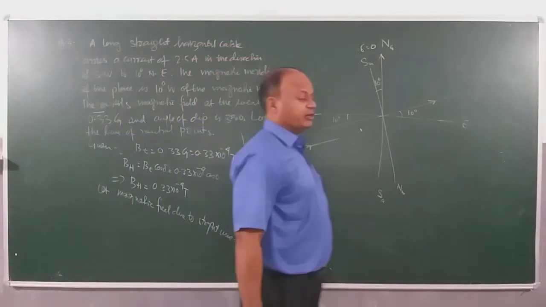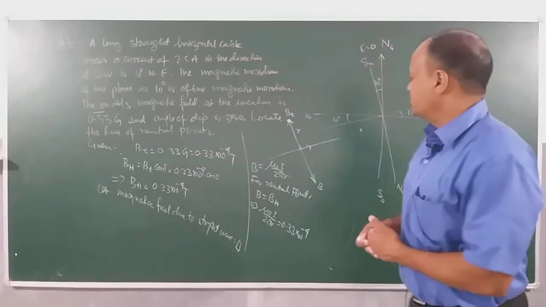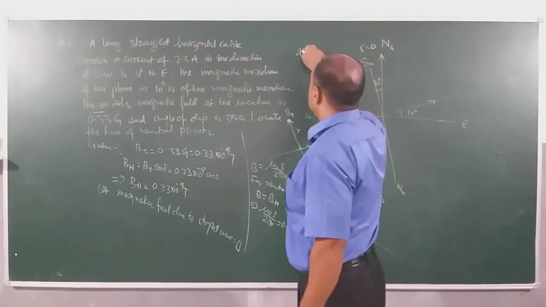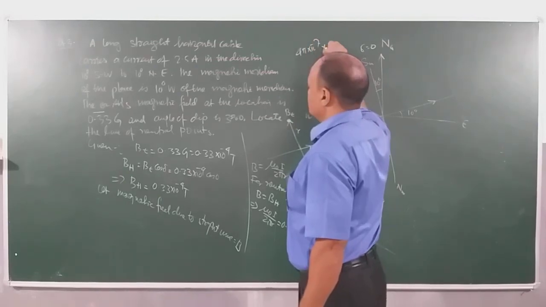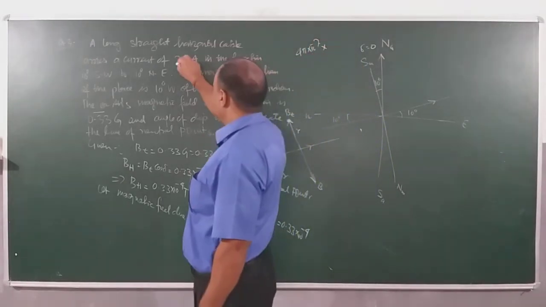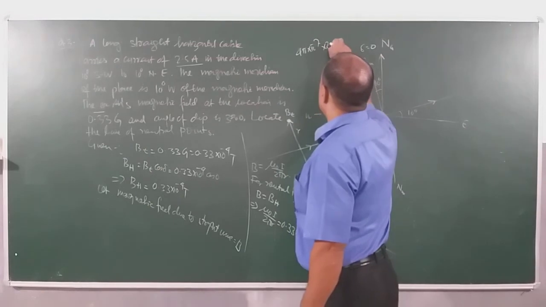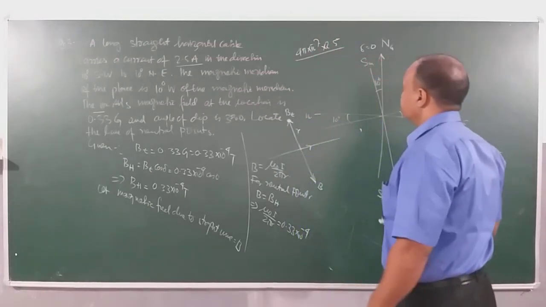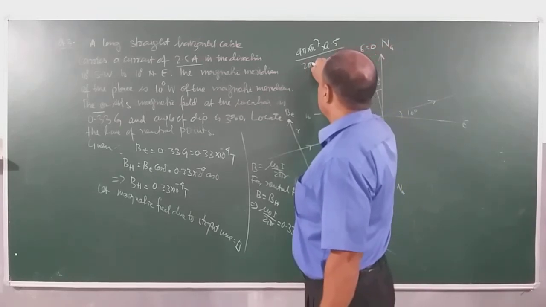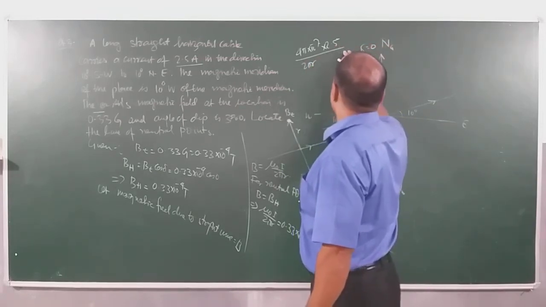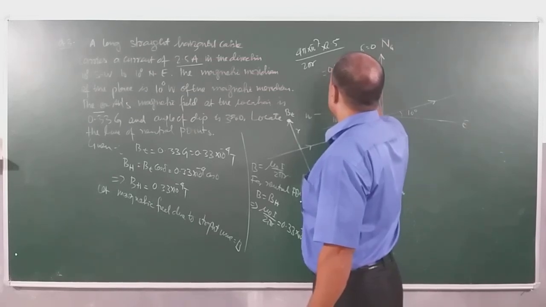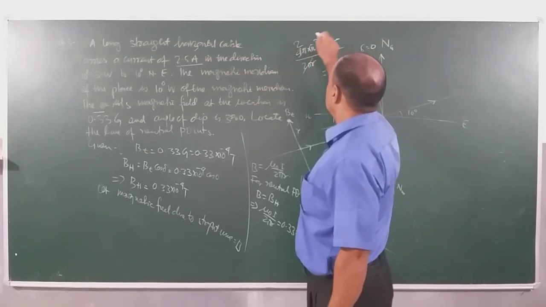Now let's substitute the values, children. Mu naught is 4 pi into 10 power minus 7, into I, which is 2.5, divided by 2 pi into r. I have to calculate r, and that is equal to 0.33 into 10 power minus 4. Cancel out, this is 2.